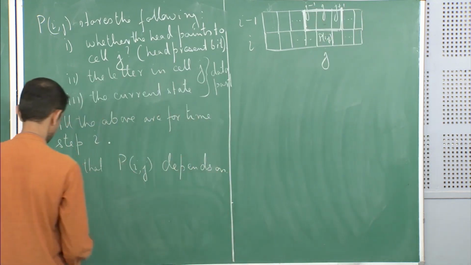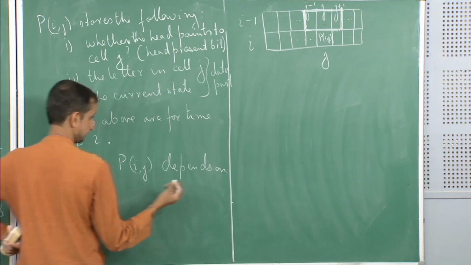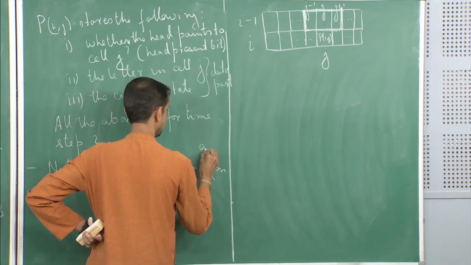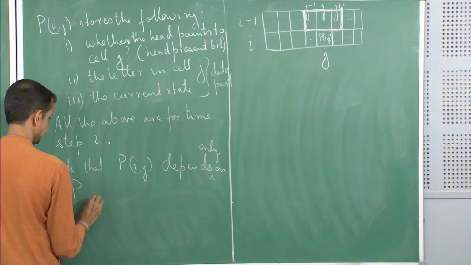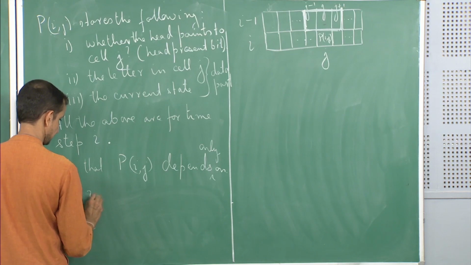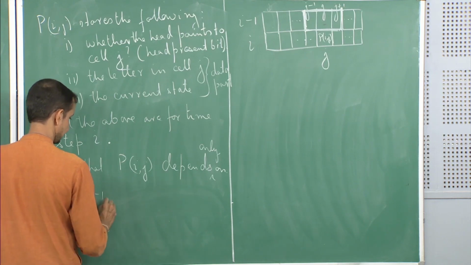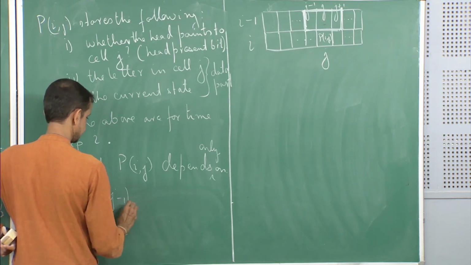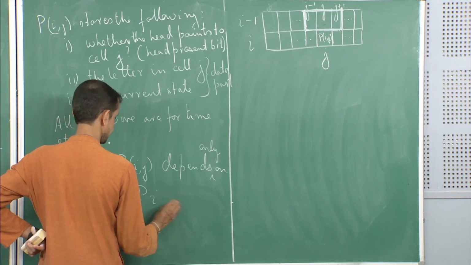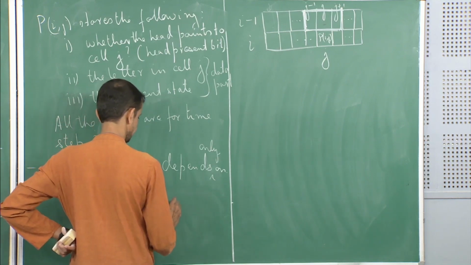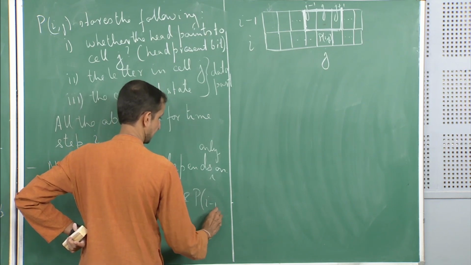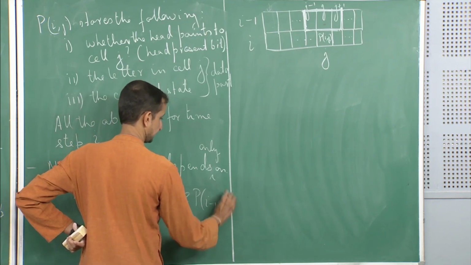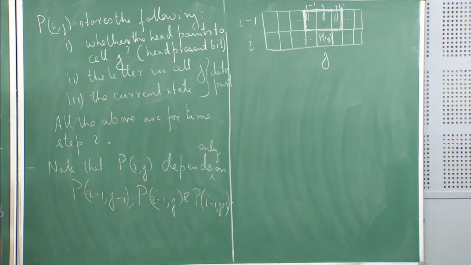So Pij depends only on P I minus 1 comma j minus 1, P I minus 1 comma j, and P I minus 1 comma j plus 1, only these three cells.